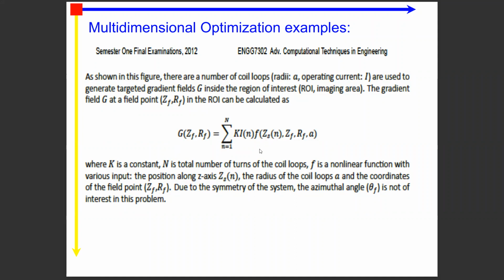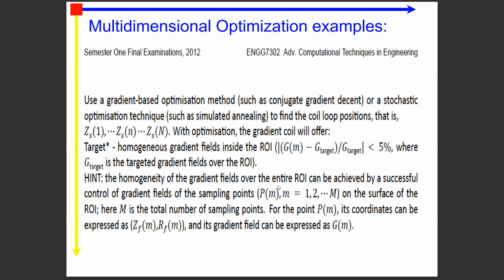And we want to figure out how to define the objective function such that the computed gradient in those points in the center is away from the target gradient, which we want, by no more than 5% deviation. So this was the constraint on that function, and we want to express it somehow.